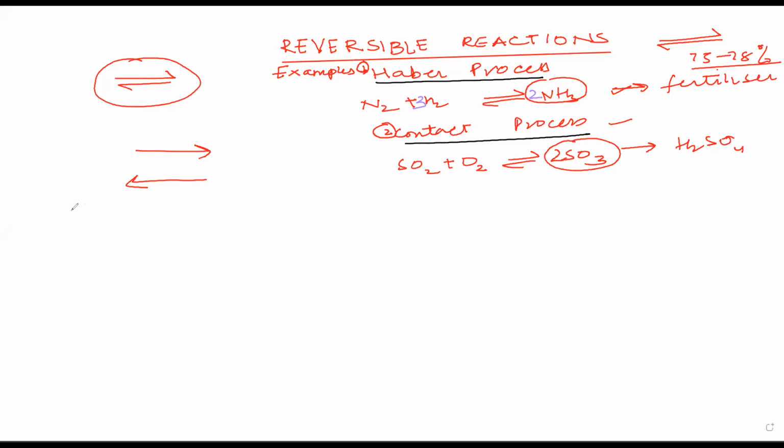He said there are certain factors. The factors are basically change in temperature, change in concentration, and change in pressure, and that is only in the case of gases. If we change these factors, then the reaction can go irreversible. It can go in the forward direction or it can go in the backward direction.